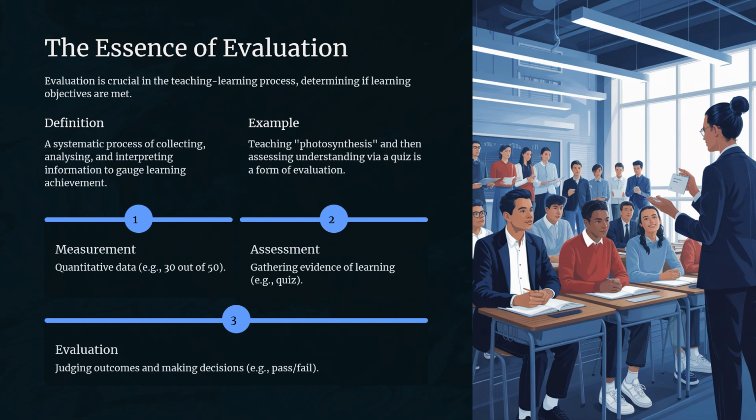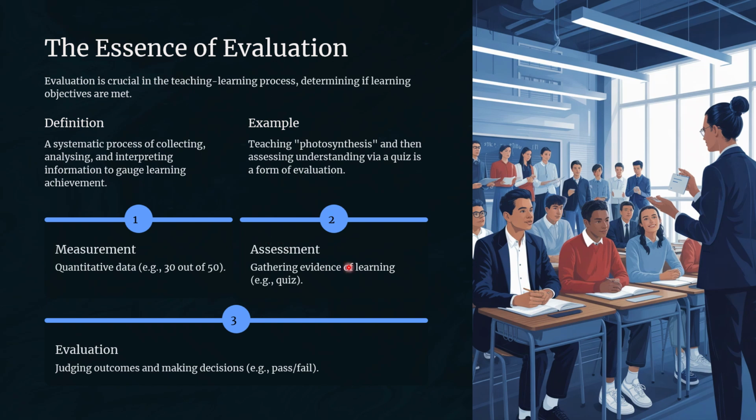For example, if we teach the topic photosynthesis and then conduct a quiz to check students' understanding, that process is evaluation. So now remember the difference between three important terms. Measurement. Measurement means expressing performance in quantitative terms. For example, 30 marks out of 50. The next is assessment.